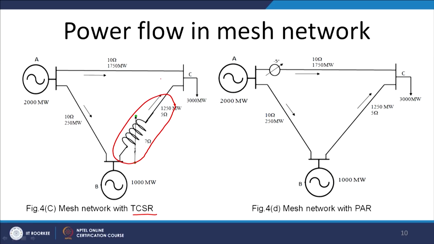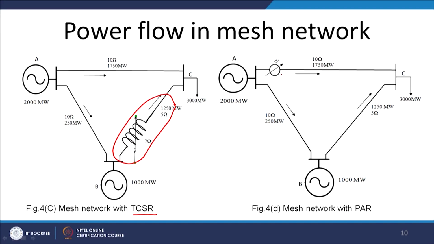Now what is the disadvantage of the previous one? The advantage of the previous one is that it has increased the power handling capability, so it may touch the thermal limit, and without inserting this device, the same has been replicated in the line AB.